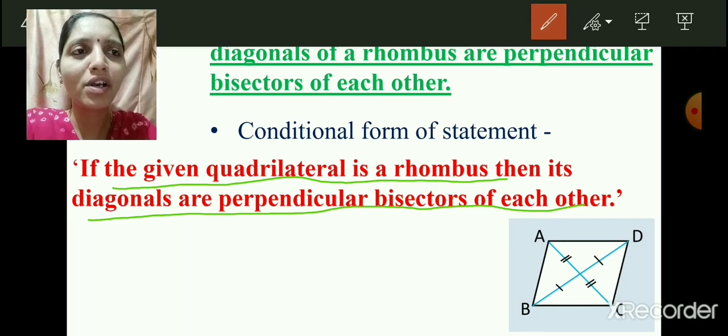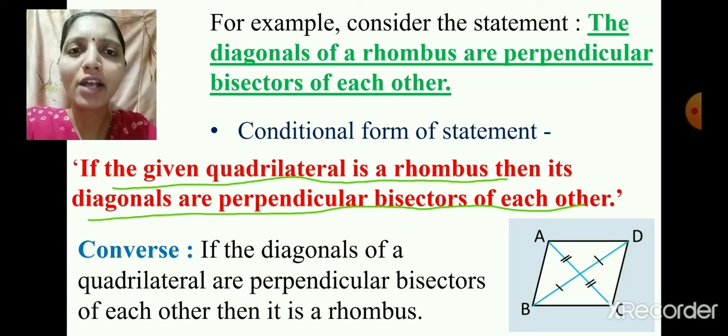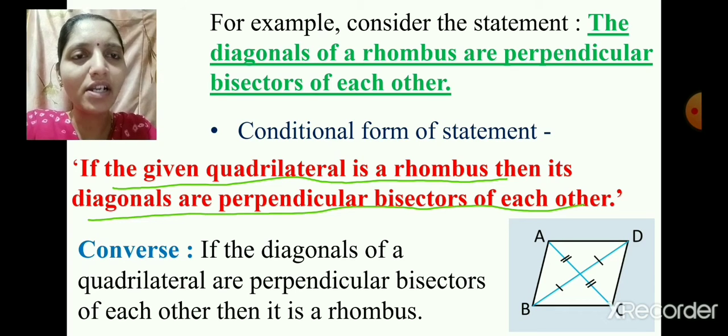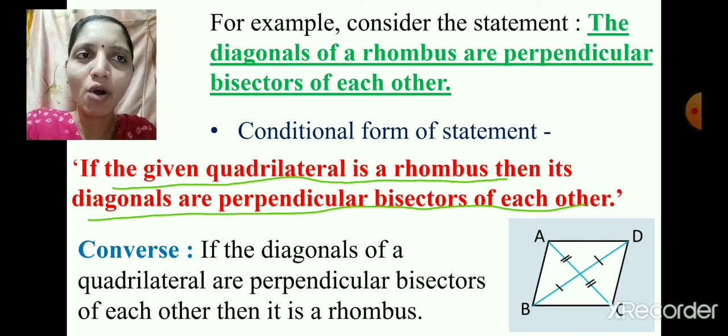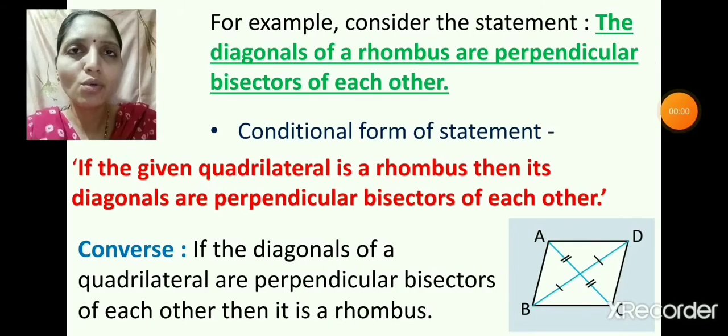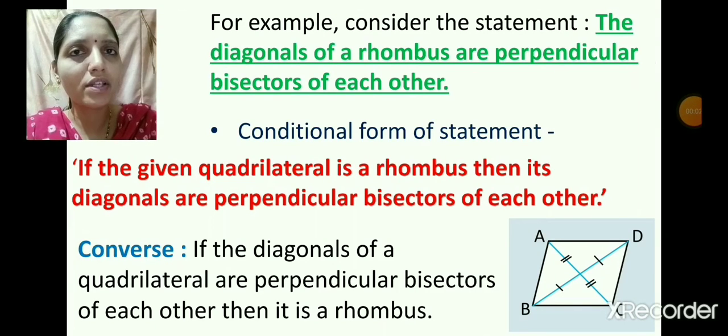So what will you write? If the diagonals of a quadrilateral are perpendicular bisectors of each other, then it is a rhombus. I hope you all have understood how to write the conditional form of a statement and its converse. So you have to remember all these points.